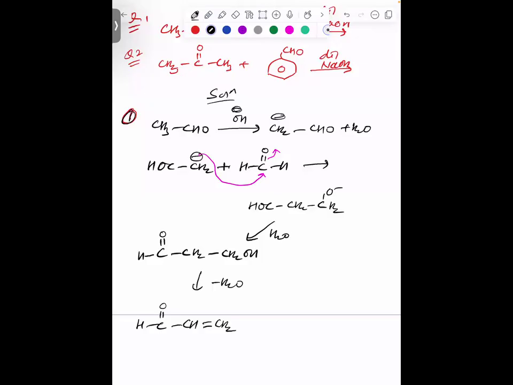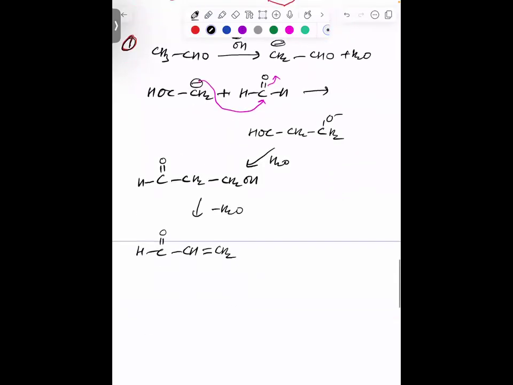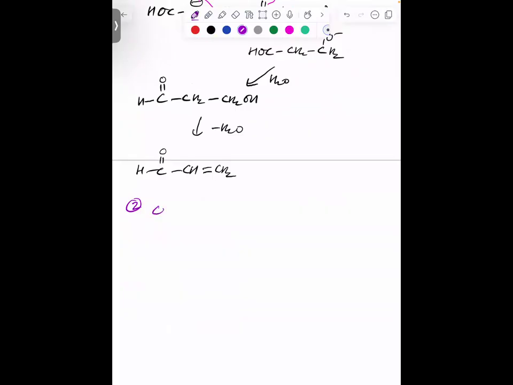Make it fast. So second question, in the first step, acetone releases alpha hydrogen to become the carbanion.